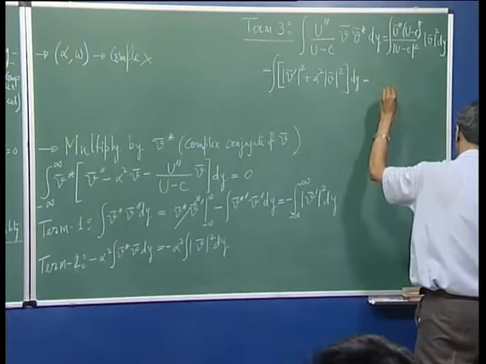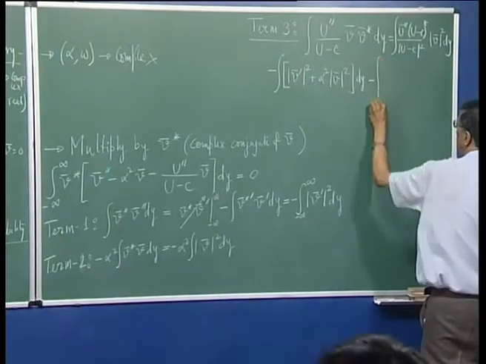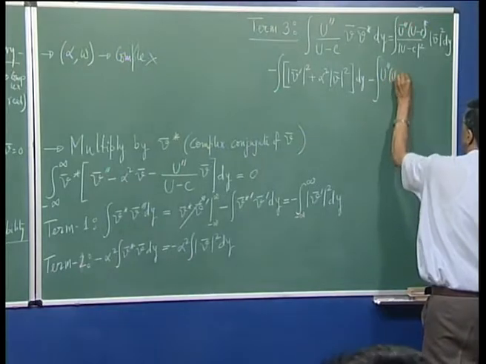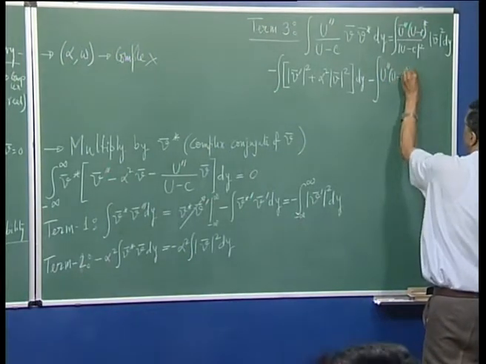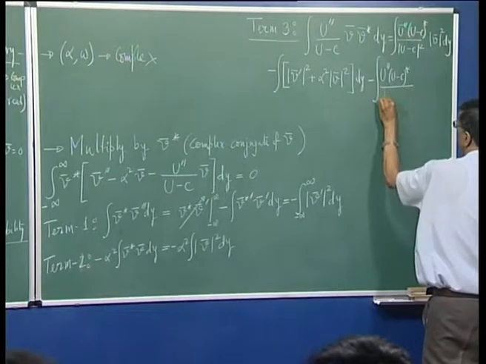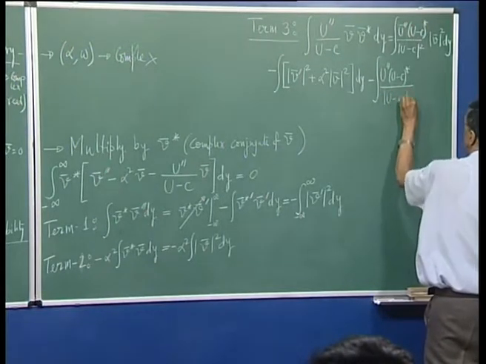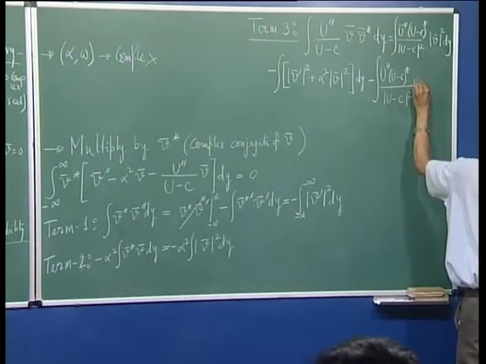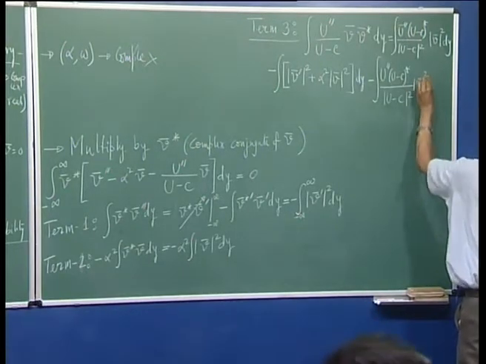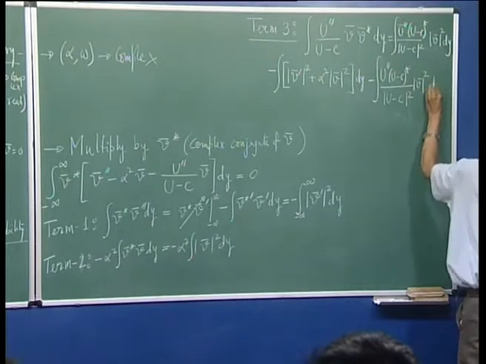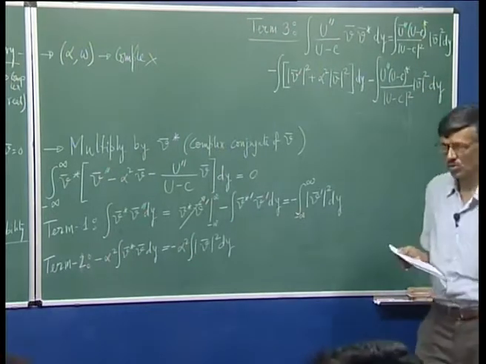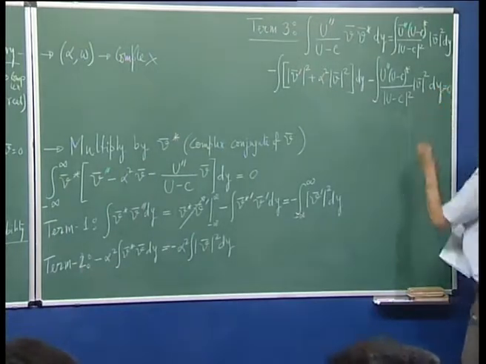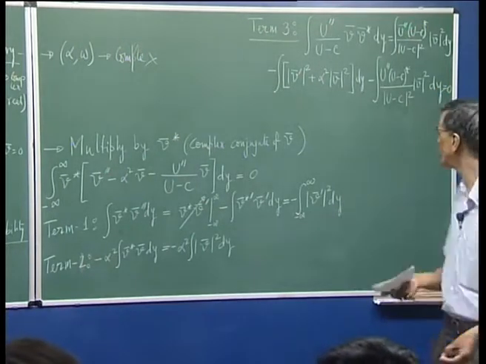So, that is also negative, and then we have u double prime times u minus c star divided by u minus c square, equal to 0, right. That is what we want to get.